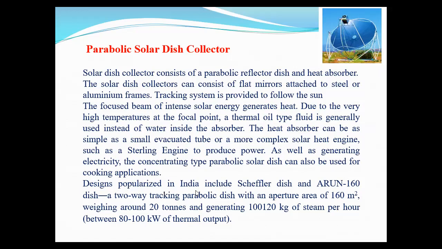Designs popularized in India include the Shepler dish and the Arun 160 dish, a two-way tracking parabolic dish with an aperture area of 160 meters square, weighing around 20 tons and generating 120 kg of steam per hour. That is 80 to 100 kilowatt of thermal output.